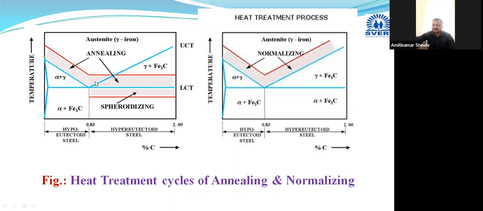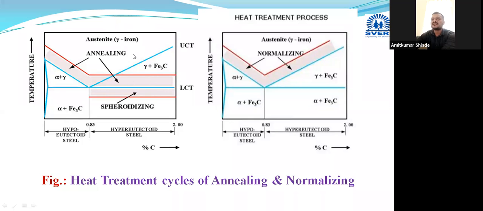Why are we not using the normalizing temperature zone for hypereutectoid steel to conduct hardening? If you conduct hardening of hypereutectoid steel above this ACM line, then what will happen?